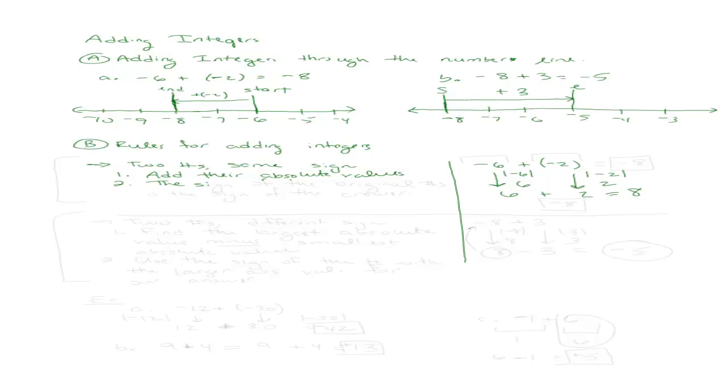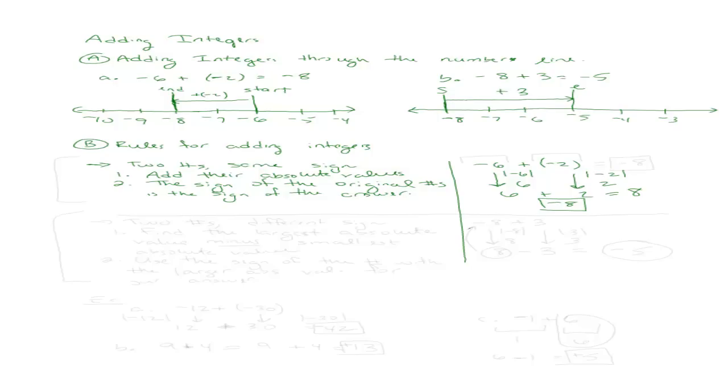Step 2 says the sign of the original numbers is the sign of the answer. So because both numbers were originally negative, our answer is going to be negative. So our answer is -8.